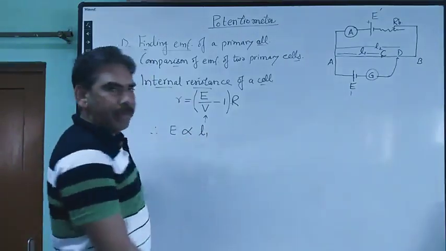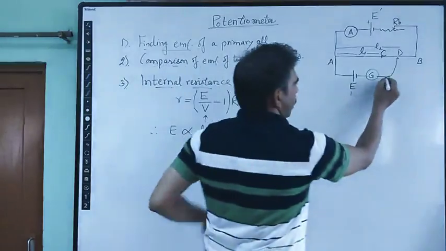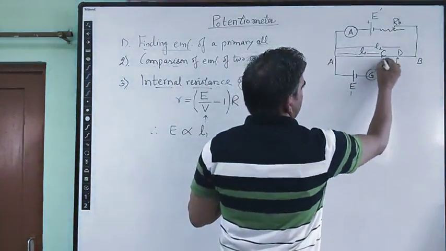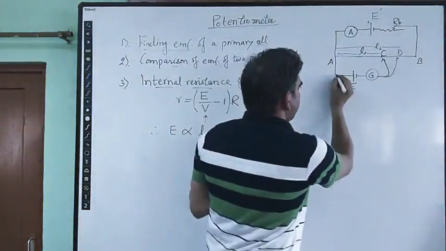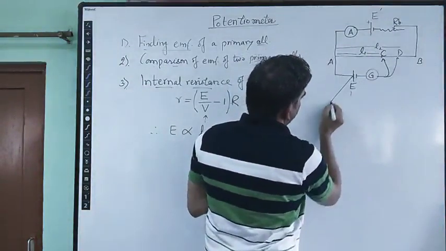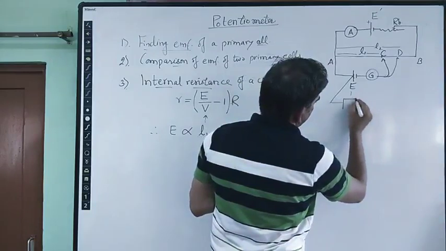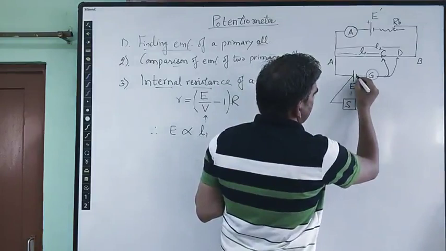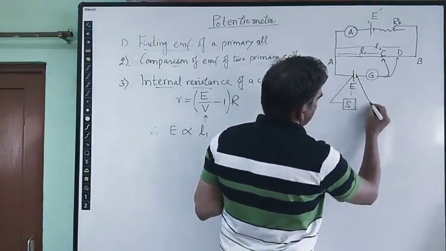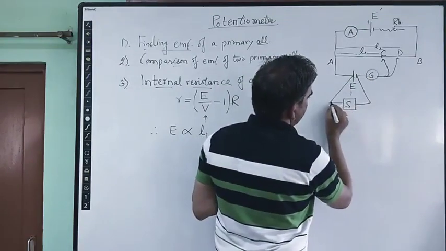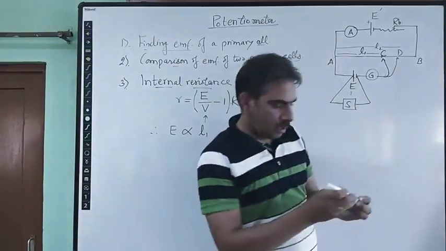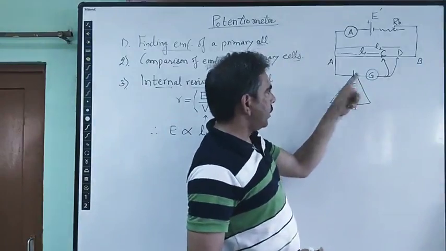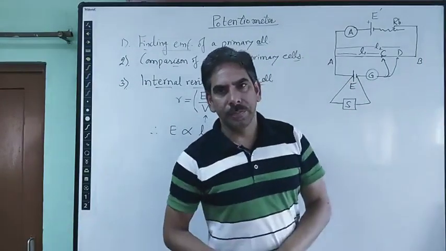Suppose that it is for this point C. Then we connect some resistance. We can give it the name R or S. So we are connecting some resistance in parallel, or we can say across this cell.